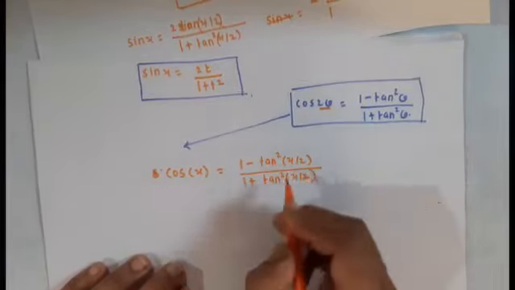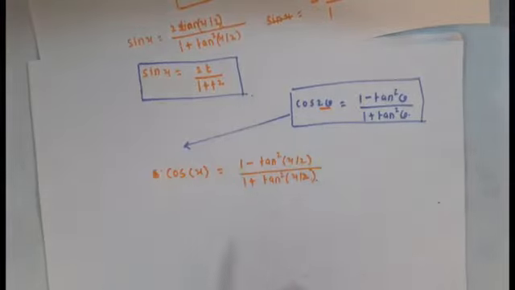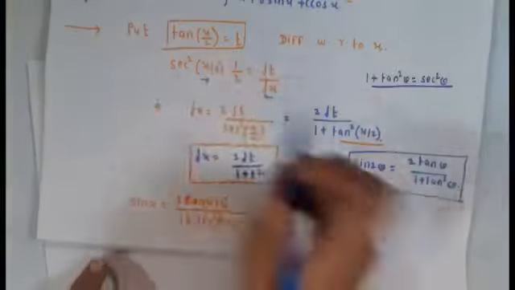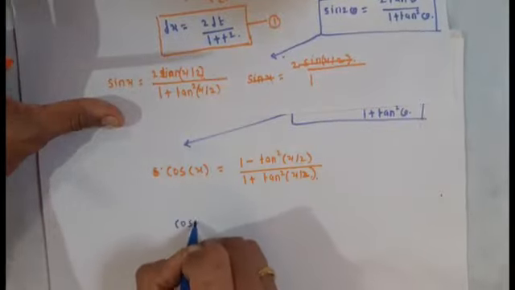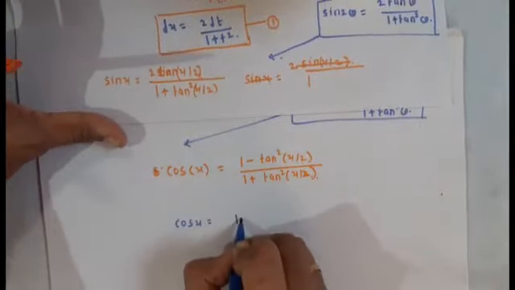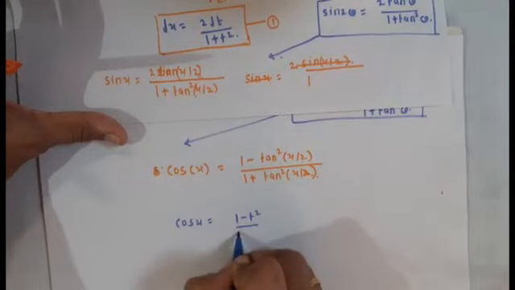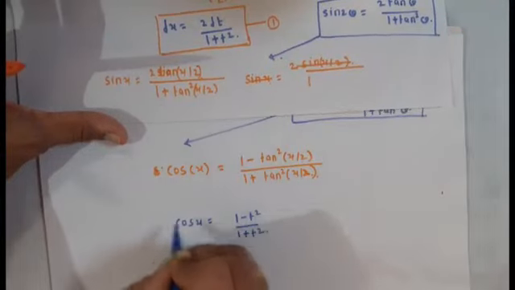Okay students, so let us put the value of tan of x by 2 equal to t. From here we will get cos of x equal to 1 minus t square upon 1 plus t square.